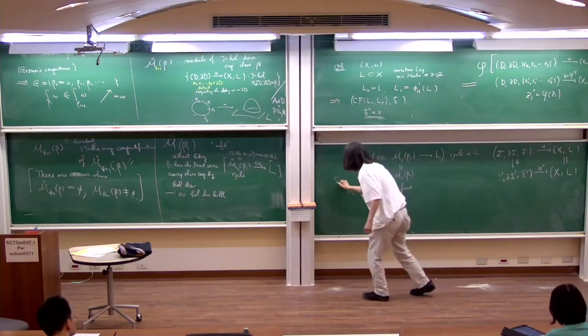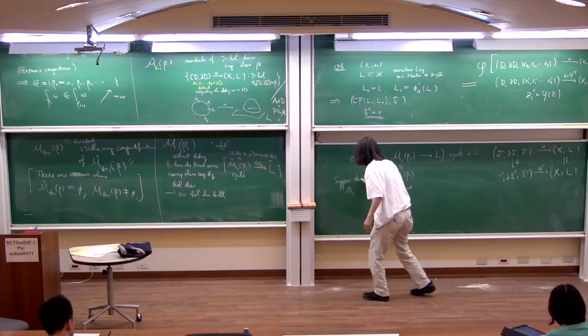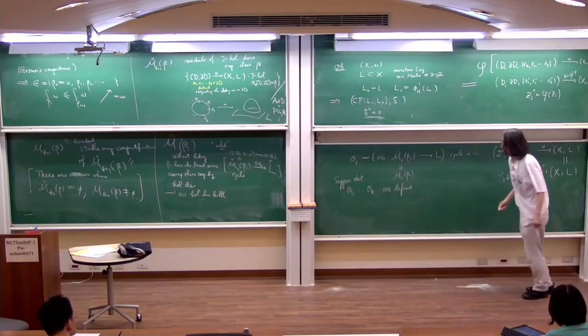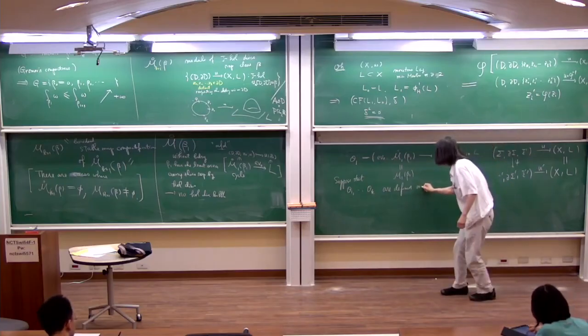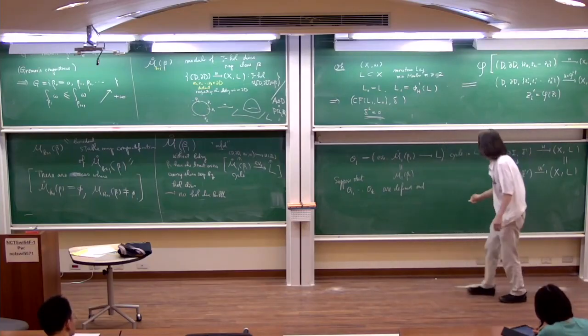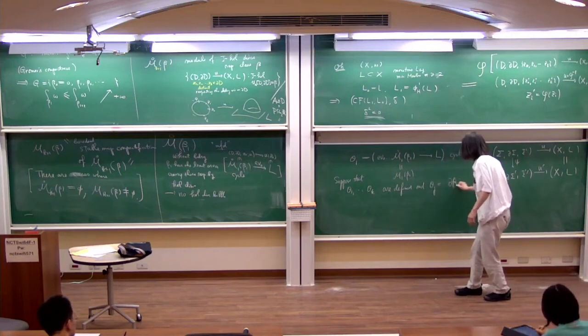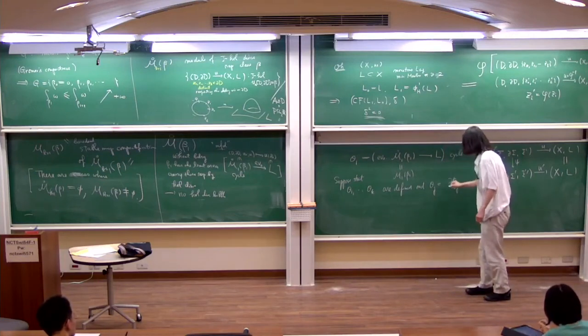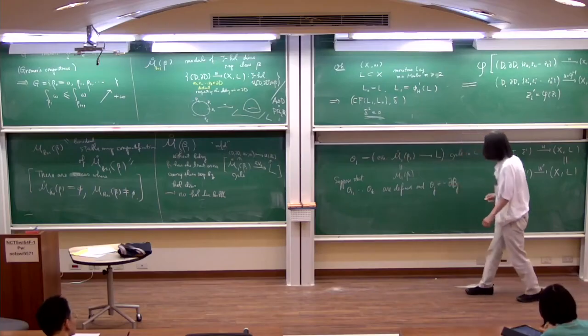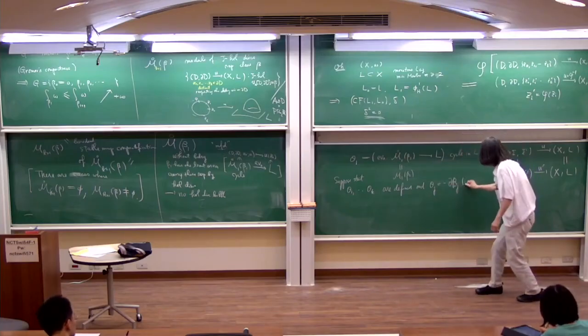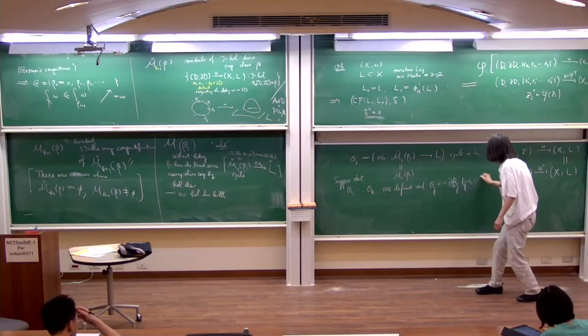Suppose that these classes are defined and all of them are null homologous. So like O_j is equal to the boundary of this B_j. Maybe I may put some minus sign here for some reason, but anyway, it doesn't matter. So j from 1 to k.